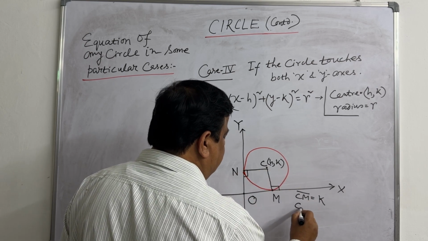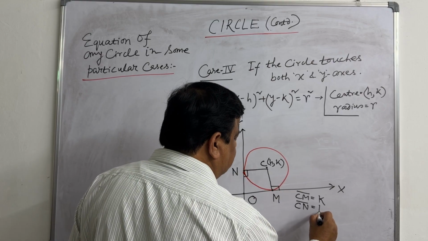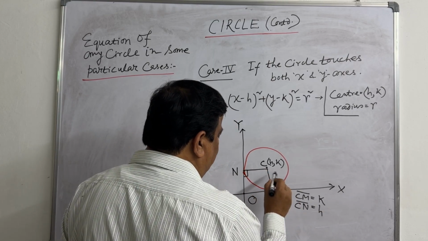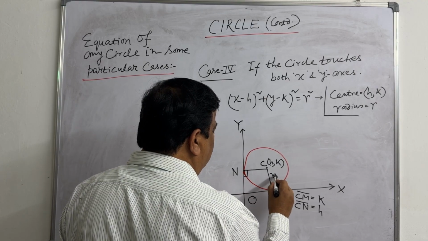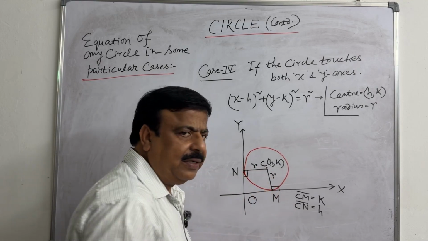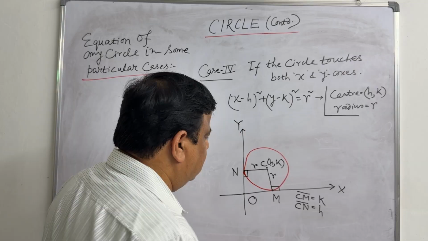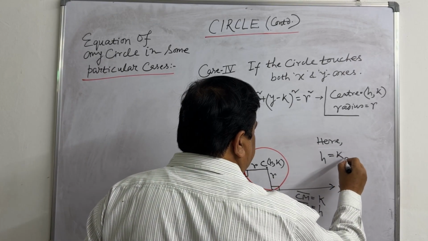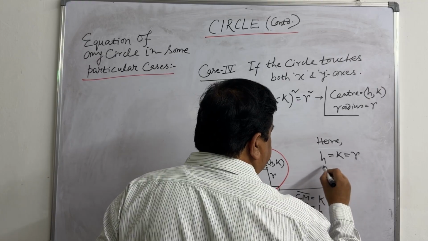And what is CN? This is h, the abscissa of the center. And they both are equal to the radius of the circle. That means here h is equal to k is equal to the radius of the circle.